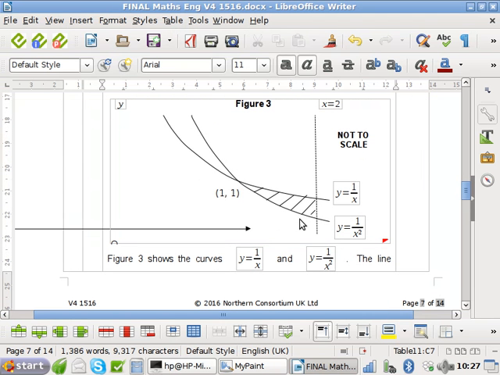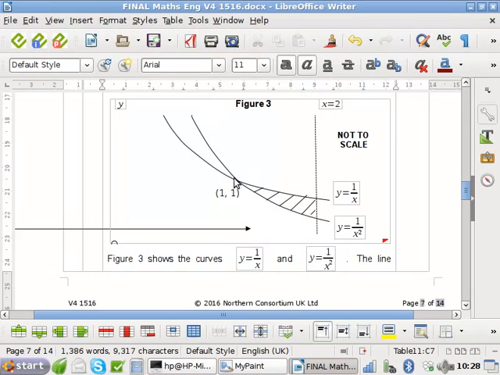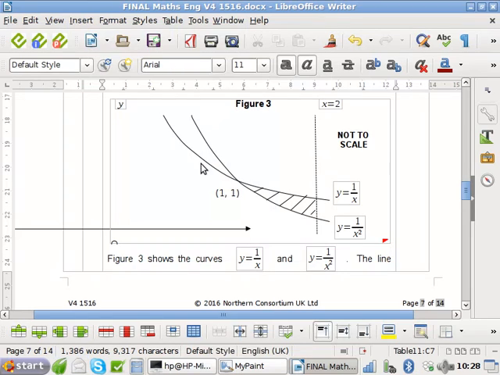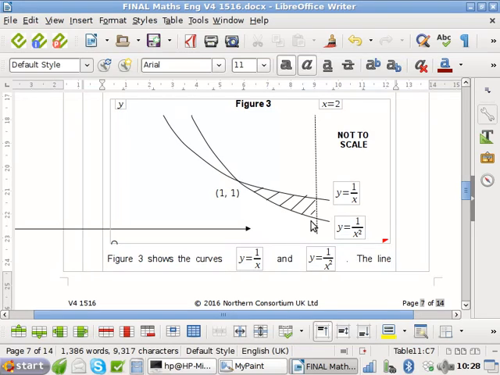Find this area. Okay, so which part is this? So the area would be from 1 to 2. The curve on the top minus the curve on the bottom.